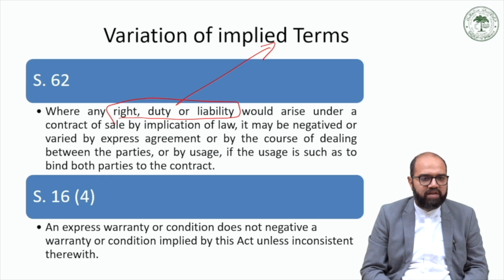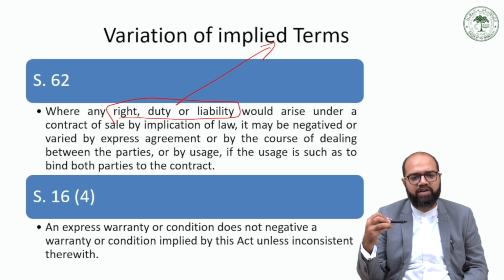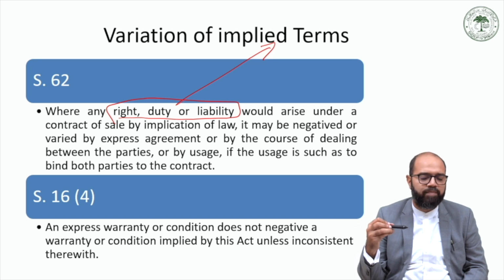The next provision is section 16 clause 4, which reads as: an express warranty or condition does not negative a warranty or condition implied by this act unless inconsistent therewith. So here it is essentially express condition or warranty versus implied condition or warranty.